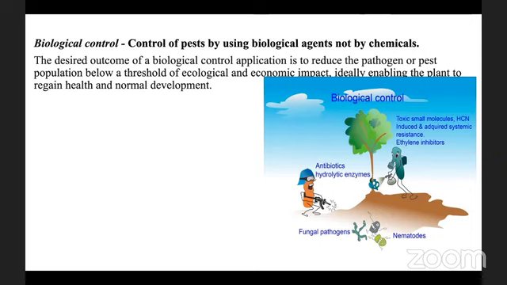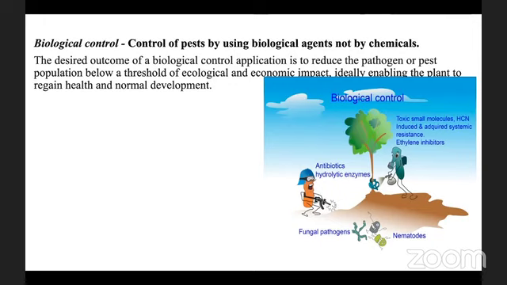Or if we are not using the microorganism as a whole, the compounds secreted by these microorganisms or endophytes are also used as biopesticides or biological control agents. Like in the picture, we can see antibiotics or hydrolytic enzymes. If endophytes are producing these enzymes, we can formulate a product or inoculant from these chemicals or solutions, and they can be used as a spray or any other means to control the plant pest, or small toxic molecules or ethylene inhibitors.